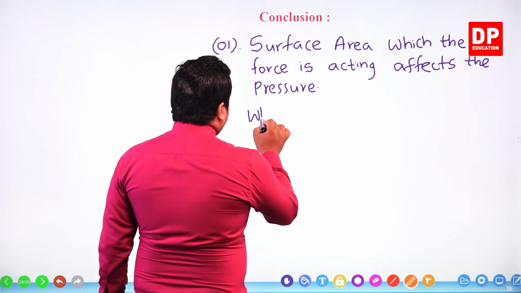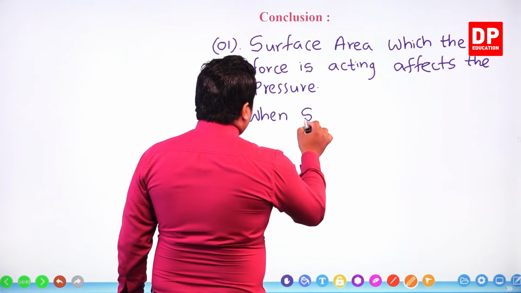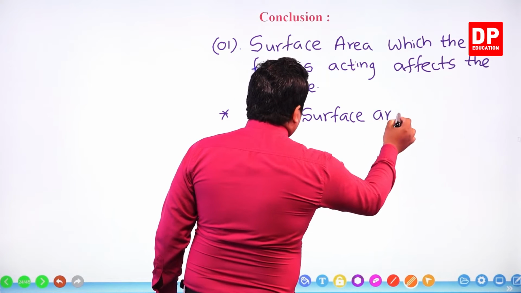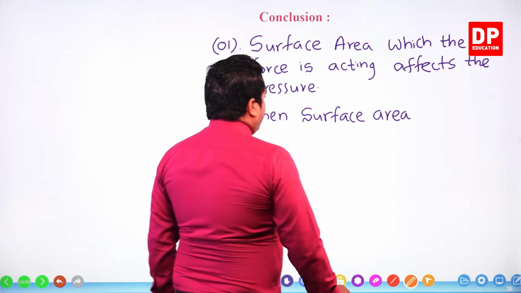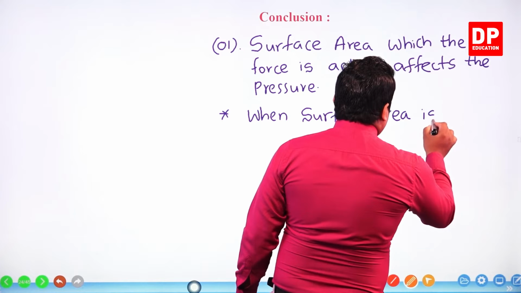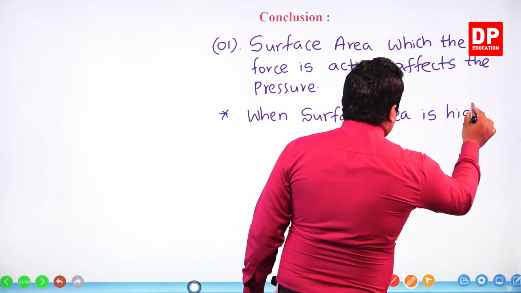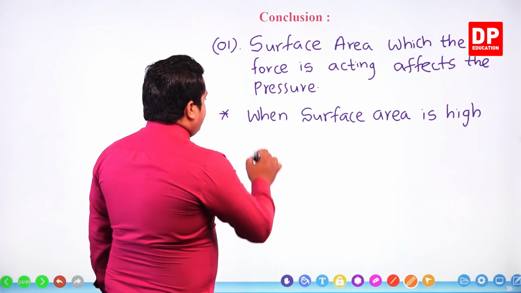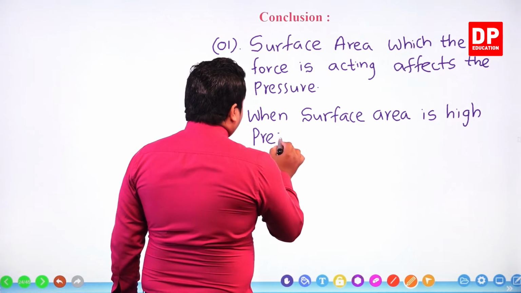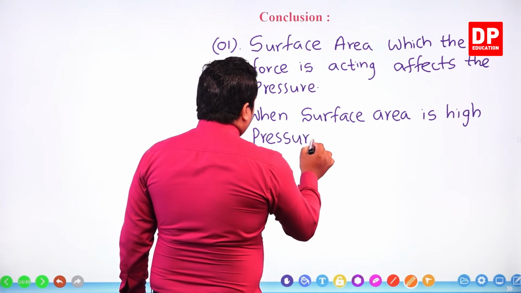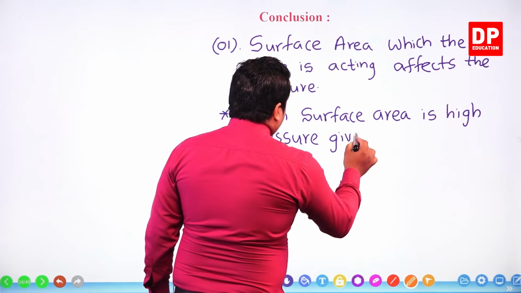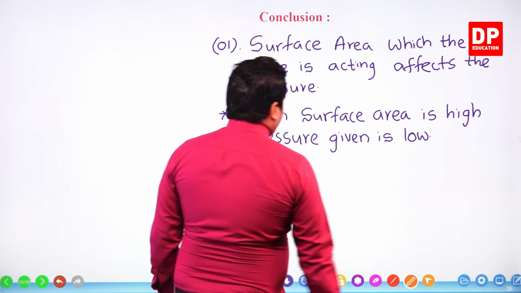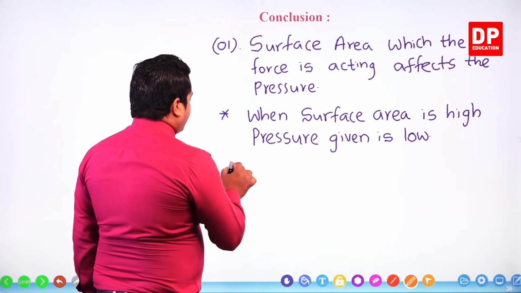When surface area is high, pressure given is low.